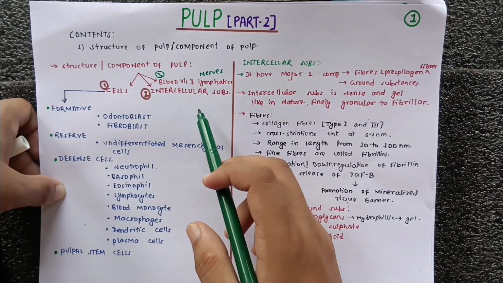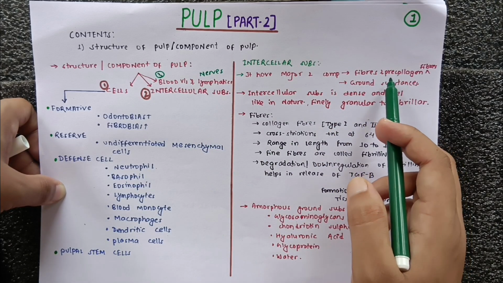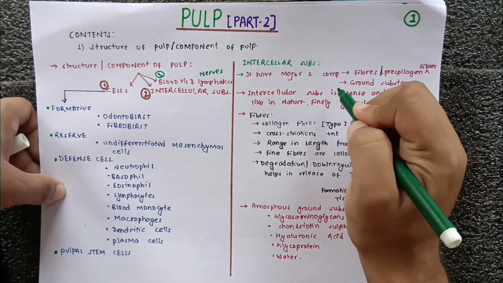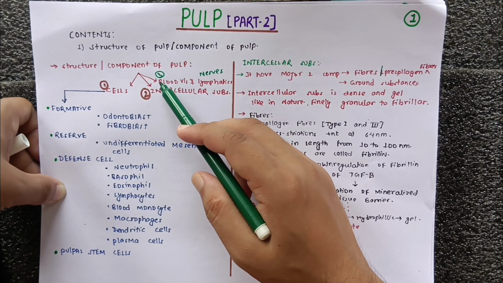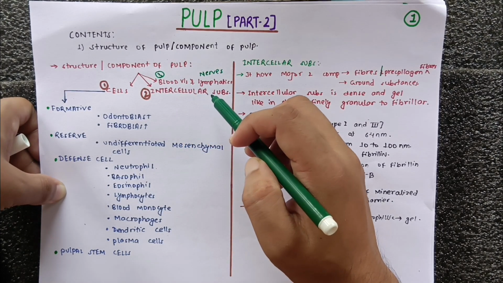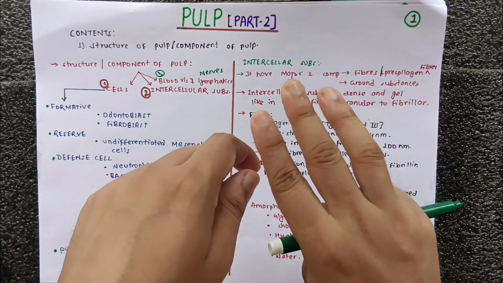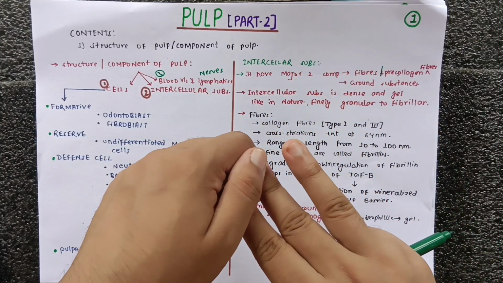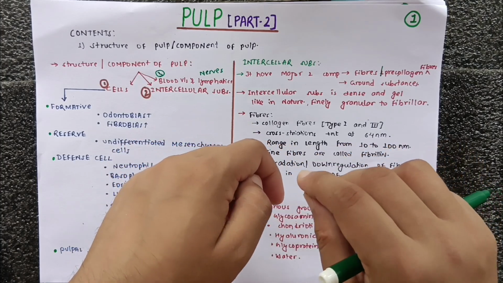Similarly, in the intercellular substances we have 2 major components, which are fibers, or pre-collagen fibers, and ground substance. The third component is blood vessels, nerves, and lymphatics. So we have 3 major components of the pulp. The first is cells, the second is intercellular substances, and the third is blood vessels, lymphatics, and nerves.